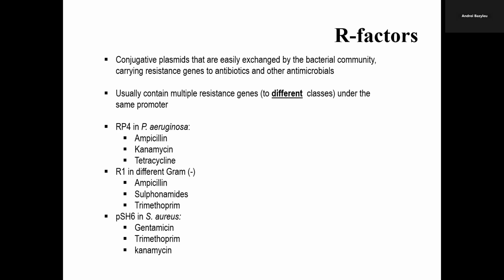So if you have, for example, 3 antibiotics, ampicillin, I don't know, vancomycin, and methicillin, under the control of the same promoter, and that bacteria gets exposed to ampicillin only, this will activate the whole gene cassette. All three genes will get activated, even though the bacteria was only exposed to just ampicillin, but it will also be expressing vancomycin resistance factors and methicillin resistance factors.